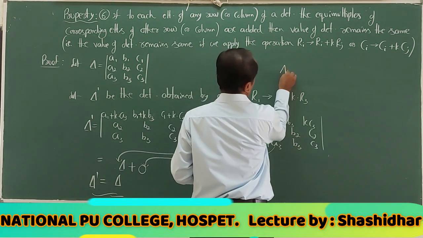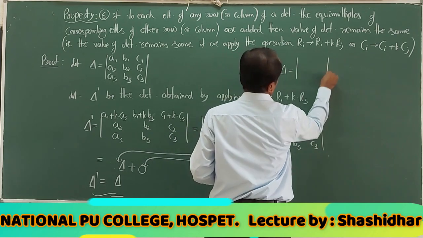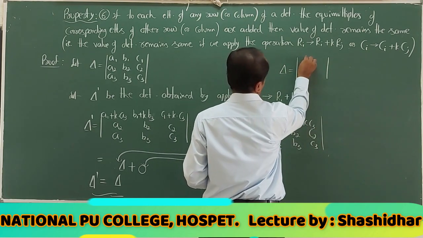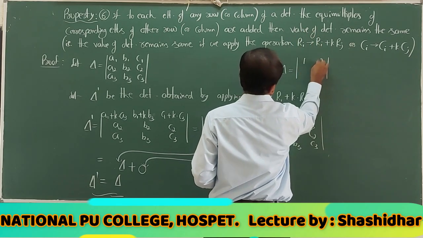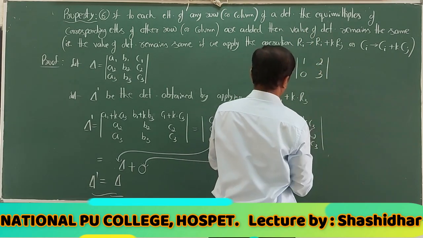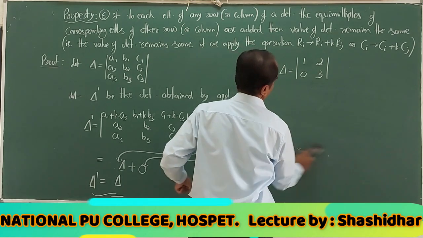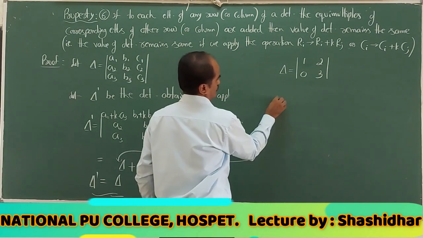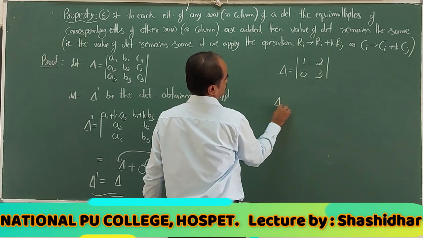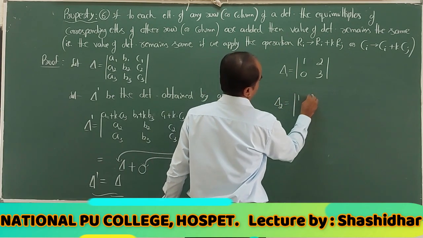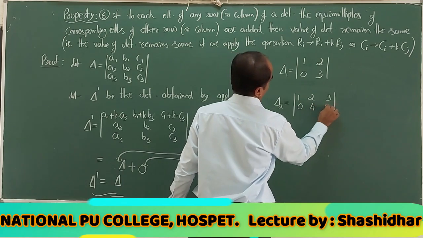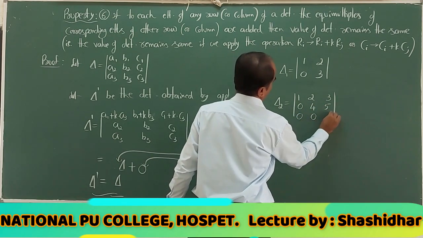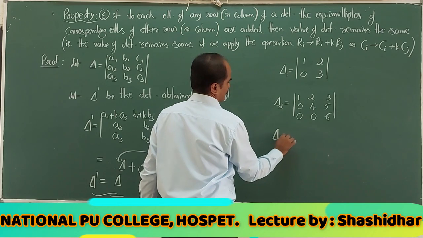Along with this, suppose you come across a determinant of this kind, say delta 1, delta 2, let me write one more.